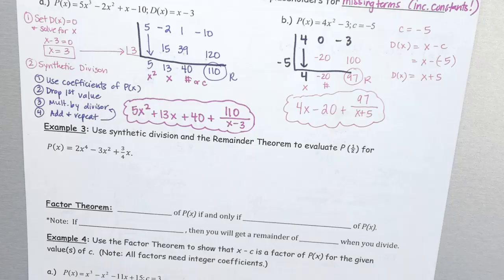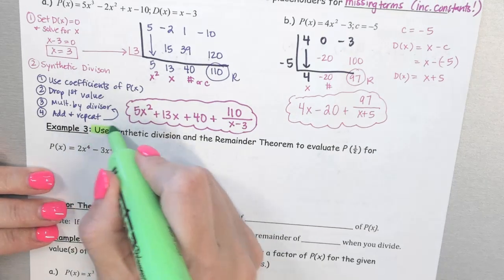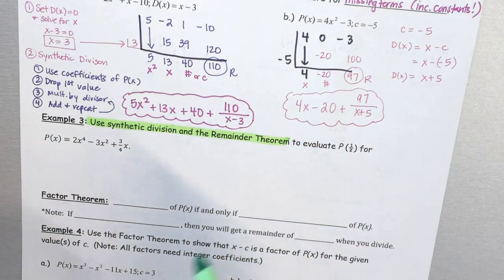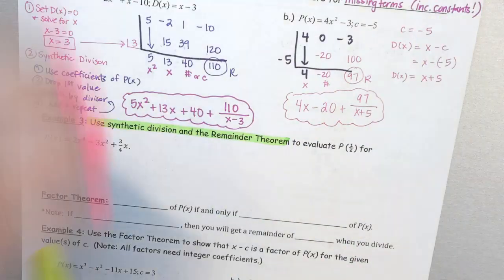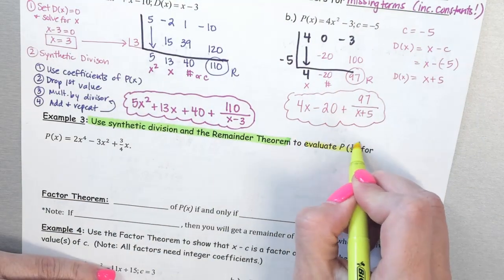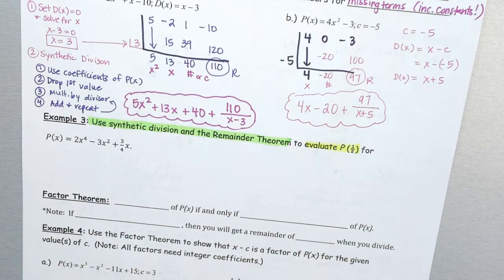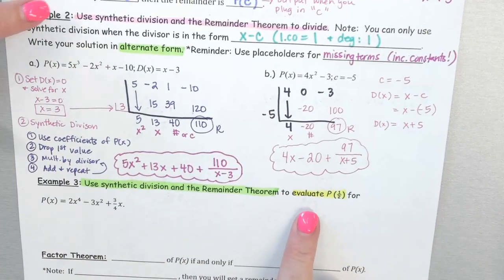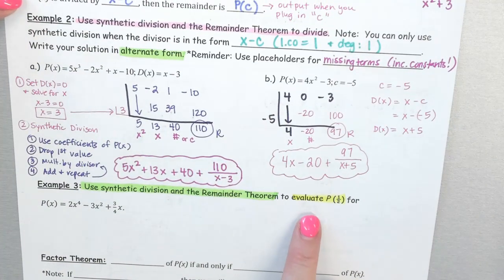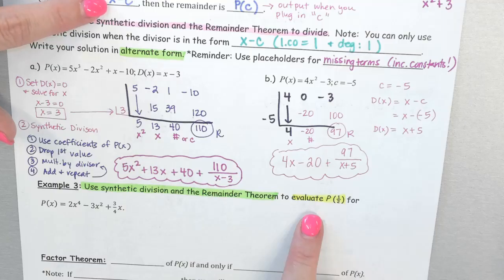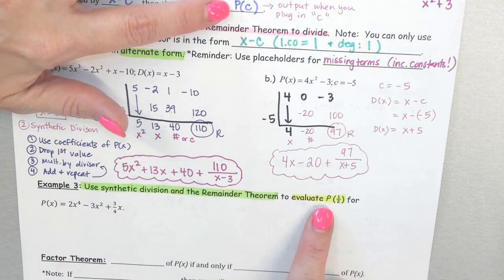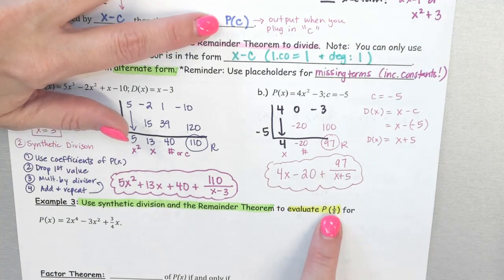Okay, and then for example 3, it says use synthetic division and the remainder theorem. So we're using synthetic division and the remainder theorem to evaluate p of 1/2. Remember we talked about this: if you divide by x minus c, the remainder is p of c.